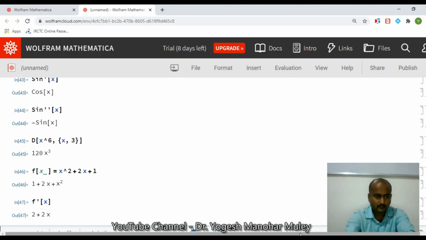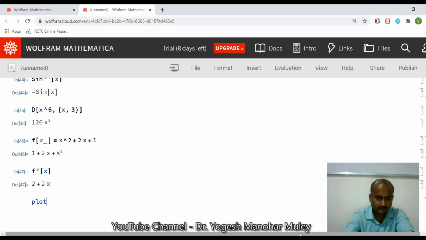Now we'll plot a graph for this. So I will use curly brackets for multiple functions, f of x comma f prime of x, or f dash of x, and x varies from -3 to 3.